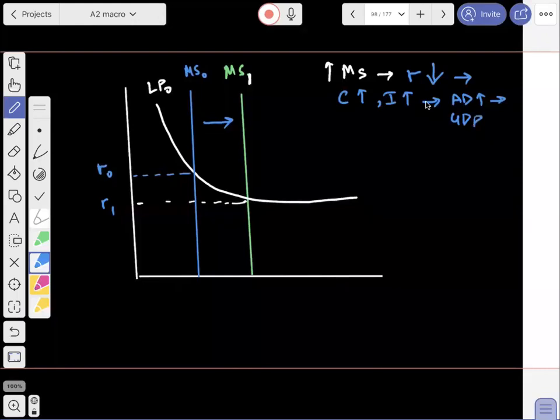This is what we call expansionary monetary policy.